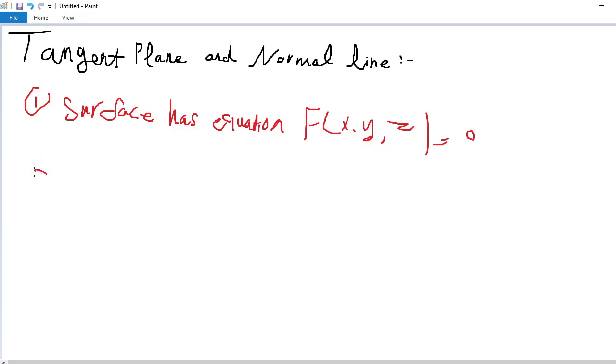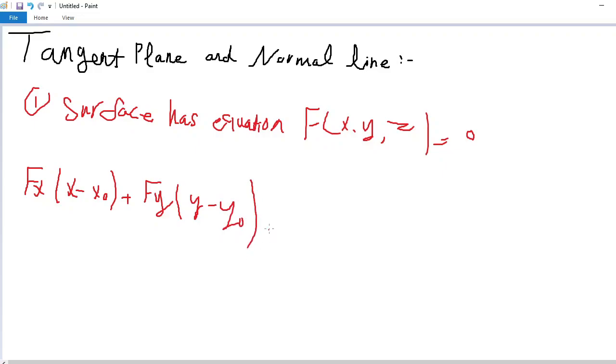The equation is fx, the partial derivative with respect to x, times x minus x0, this one is x0, be careful, plus fy, the partial derivative with respect to y, times y minus y0, plus fz times z minus z0, equal to 0. This equation is really, really important, so you have to write it or memorize it.